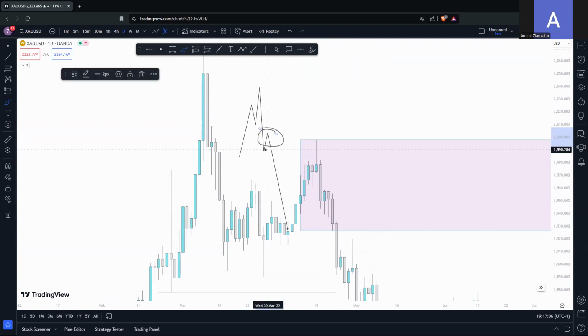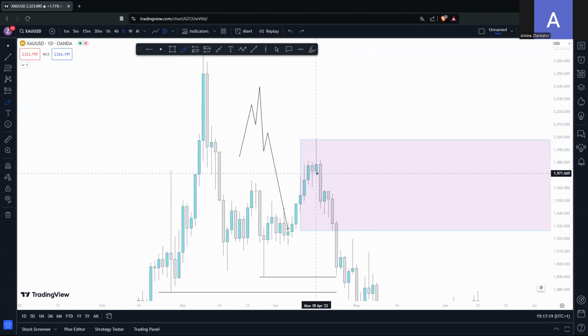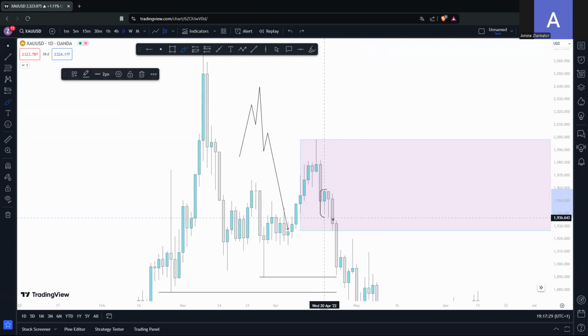Because the second movement basically makes the first movement unrefreshed, even if it didn't wick it. As you can see here, price did not wick any of this area. We don't even have a valid engulf. This low didn't take this low, so we'd go to this, and that would be our engulf. But this one is inside the second movement, so it's best to start from this candle in the second movement.